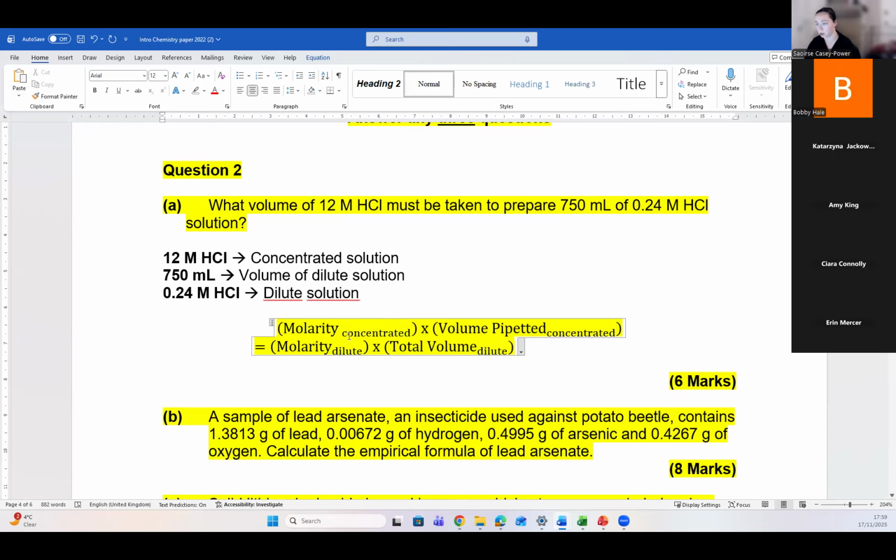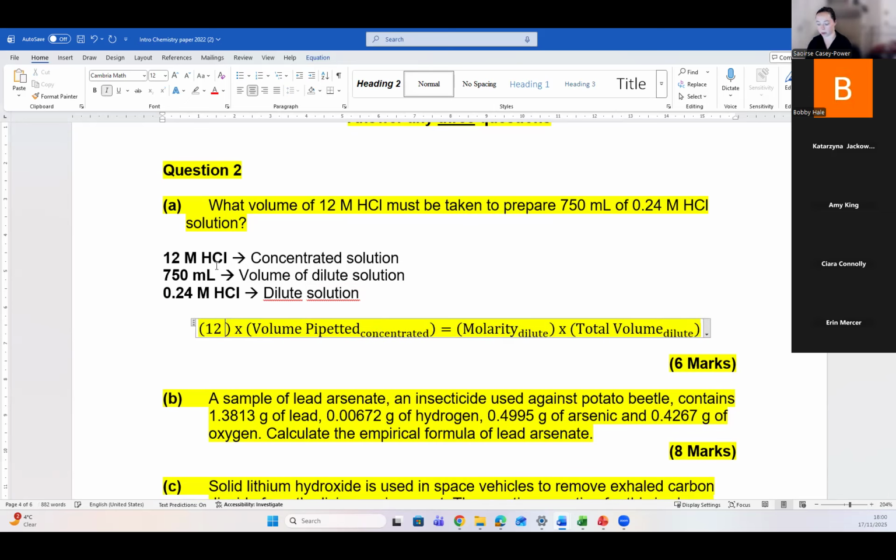All right. So this is why I find it handy to write all these down first, and then you can simply input them into the equation. So your molarity of your concentrate there, that's going to be your 12 molar. It's always the larger of the two. So your 12 molar HCl there is your concentrated solution molarity. Your volume pipetted, that's what the question asks for.